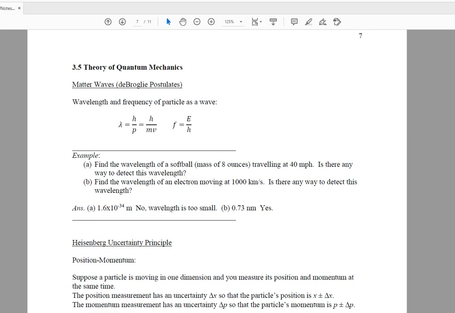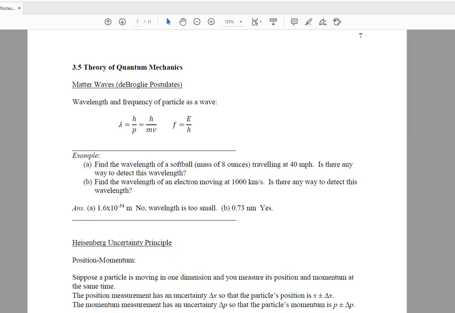So we've just finished discussing those ideas: thermal radiation, photoelectric effect, Compton scattering, and then Bohr's model of the hydrogen atom. So the whole model of the atom now has this particle-like nature of light built into it, and we get these quantized energy levels in the process.